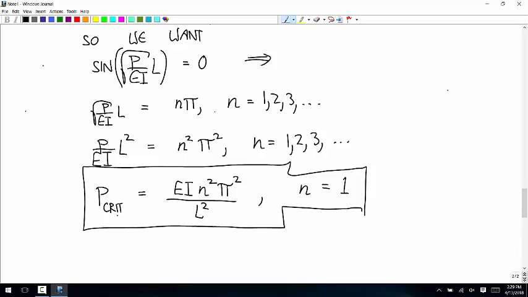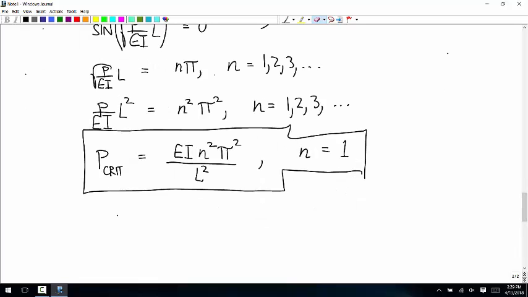So this is the critical solution. You can get rid of that 1 there, and you just have EI pi squared over L squared. That's the critical solution.